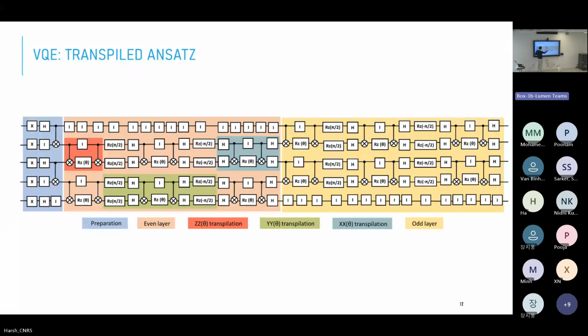The layers that were shown in the first slide are the same layers shown here, but now we have gates which have been transpiled. The second assumption that we make is that the relative durations of the gates are the same. And then we use these to insert the identities at our appropriate points.